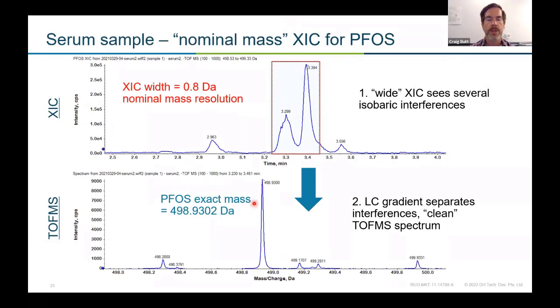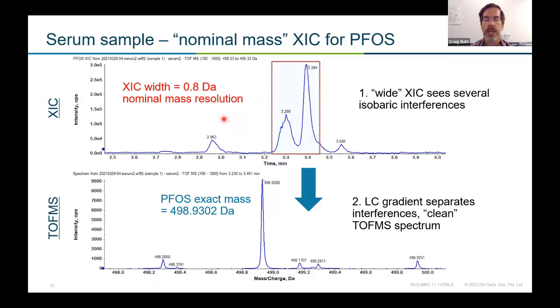Okay, so to orient you on this figure. This is a chromatogram of the 499 precursor, right, for PFOS. But the extraction width is 0.8 Daltons, which is representative of what your triple quad would see.